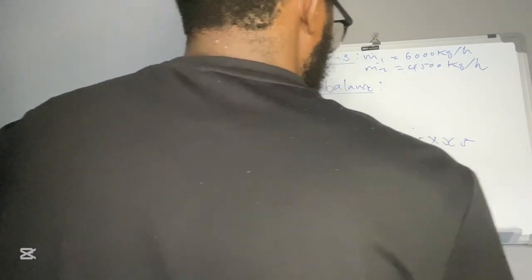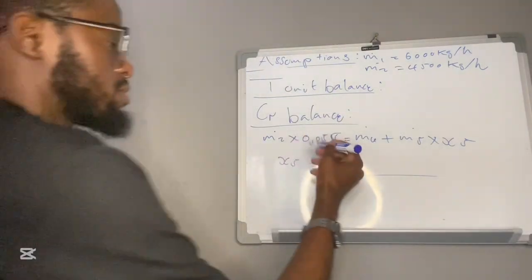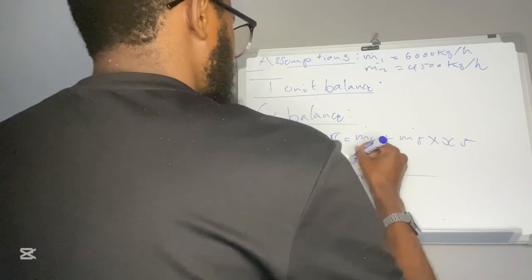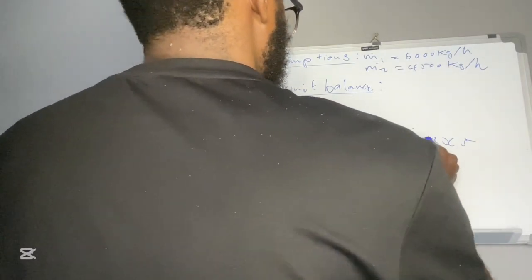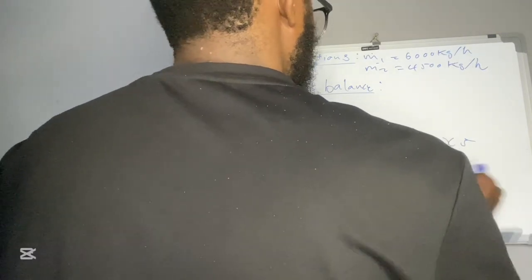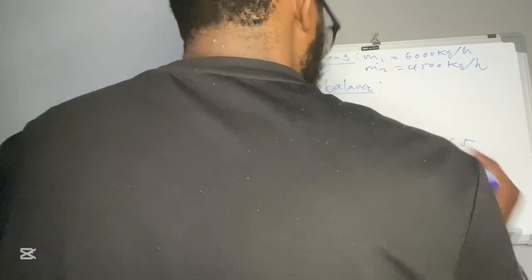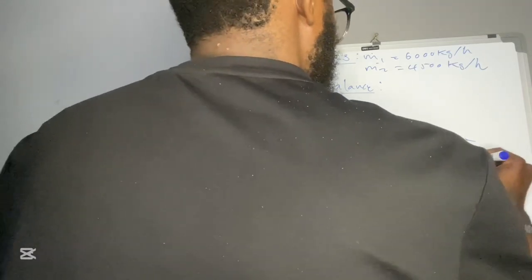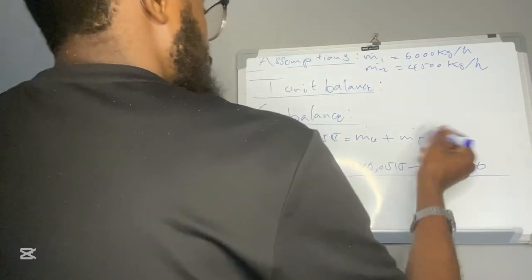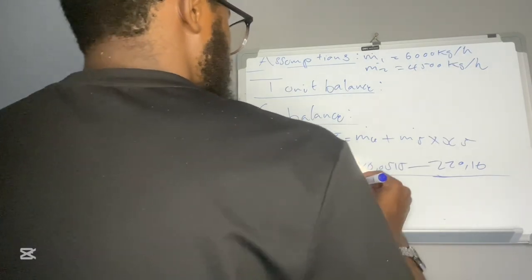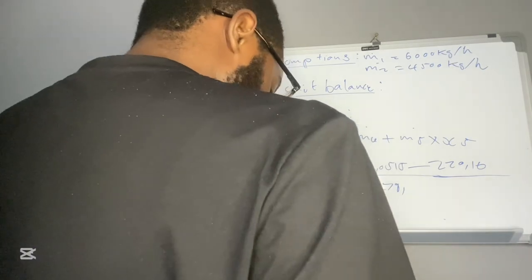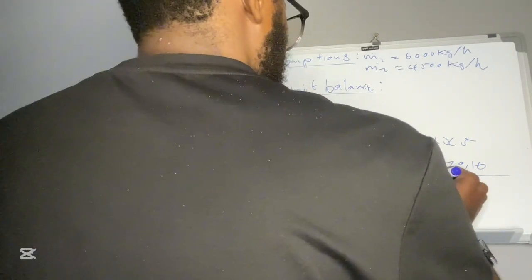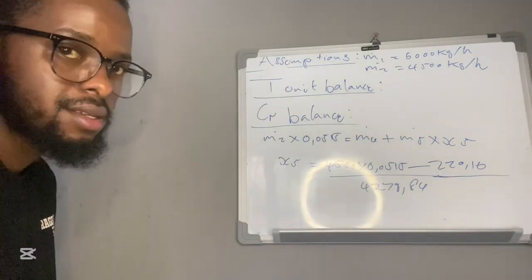Let's divide all this. We already have all this. So M2 we already have, 4,500 times 0.0515, minus M4, which was 220.16. What was our M5? 4,279.84, right?